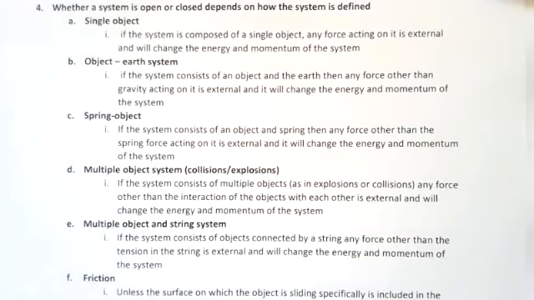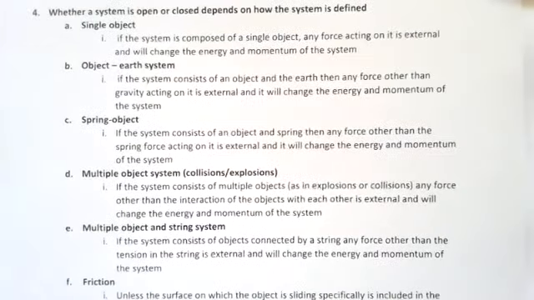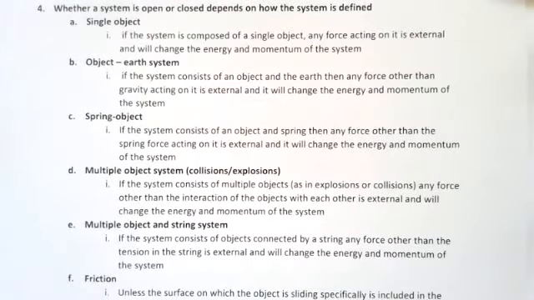I was going through practice problems on the AP website, and they take that example of a ball-ground system and ask if it's open or closed. I right away put closed, because the ball and the ground is always a closed system. But they didn't say ignore air resistance, and I found it was actually an open system because air resistance was causing a change in energy.